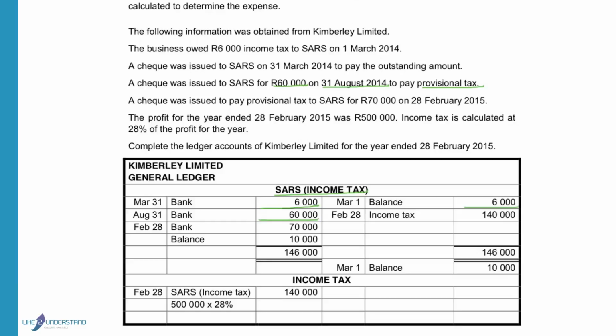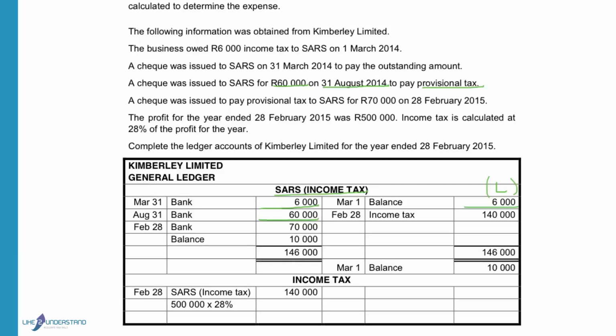You cannot put that 60,000 Rand into the income tax account because you still don't know what the expense for income tax will be. This 60,000 provisional tax is to reduce the liability and the total amount that is owed to SARS.